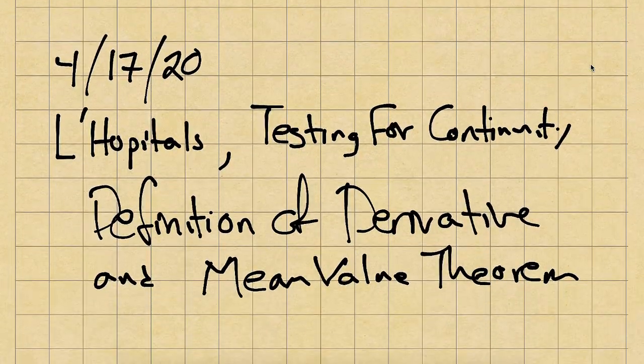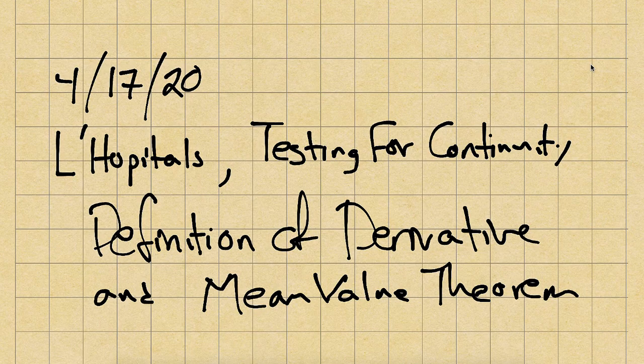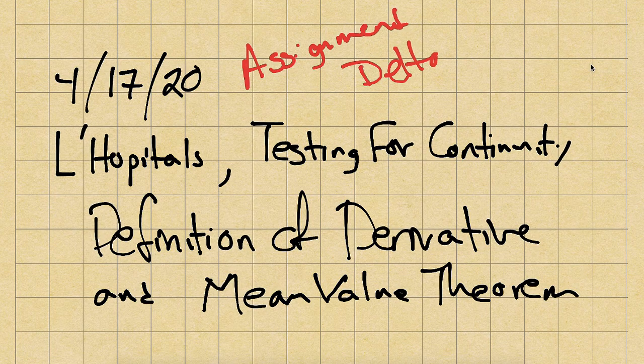So, for today, the assignment is on Delta Math. We won't have very many assignments on Delta Math because the material that we end up going over is a little bit higher than what Delta Math has to offer.